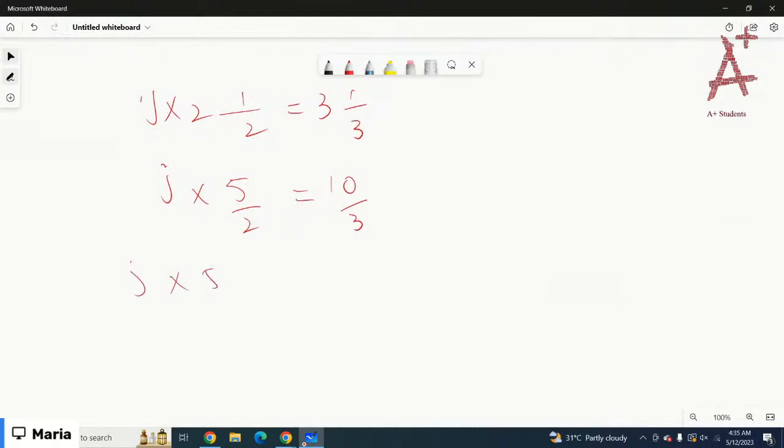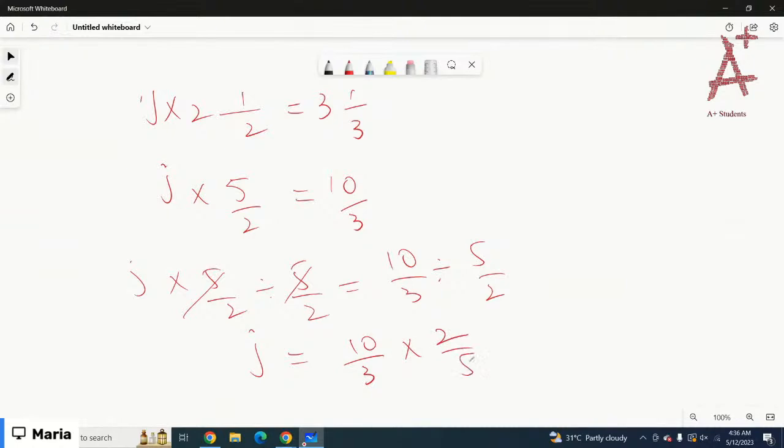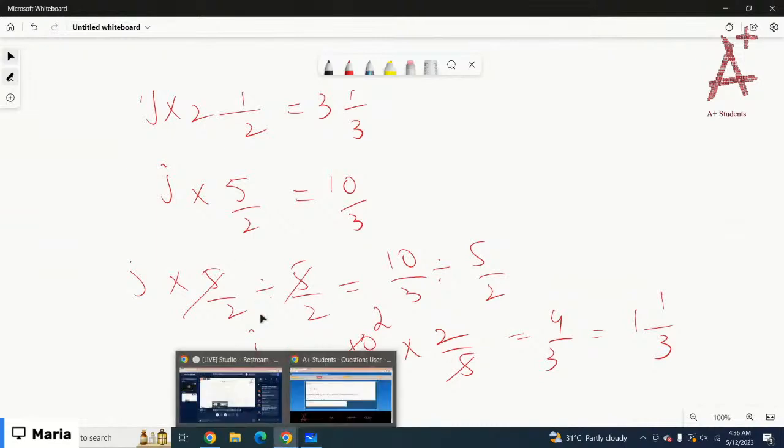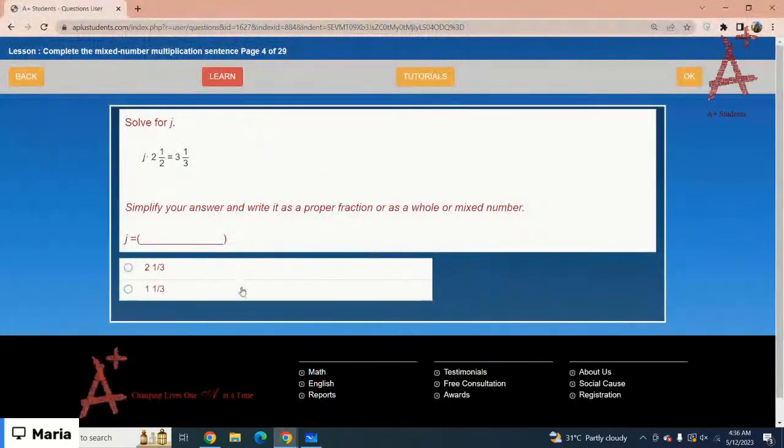Just divide both sides by 5 over 2. It would be 1. 5 times 1 is 5 and 2 is 10. It would be 4 over 3. It would be 1 whole 1 over 3. The correct option is 1 whole 1 over 3.